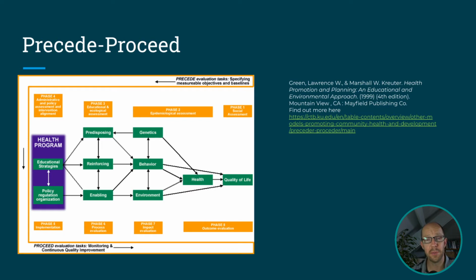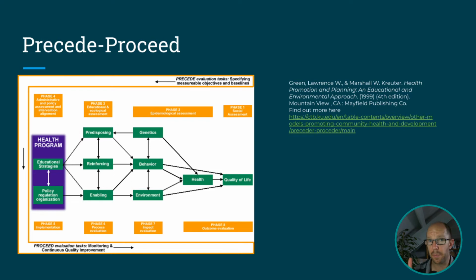Precede and Proceed are an acronym which describes the model itself, with Precede standing for predisposing, reinforcing and enabling constructs in educational and environmental diagnosis and evaluation. I have to look at my notes. I can never remember what it's called. It's a very catchy acronym. And then Proceed stands for policy, regulatory and organisational constructs in educational and environmental development.